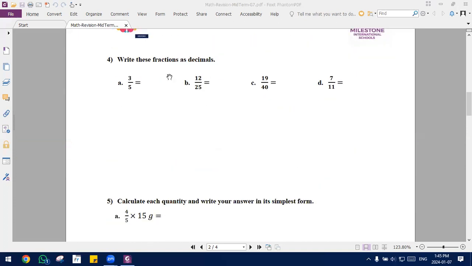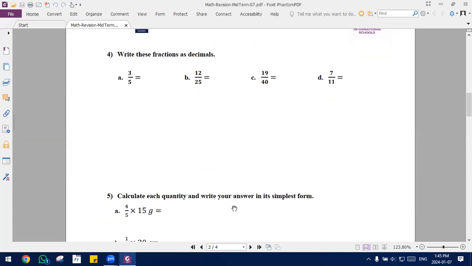Okay, next. Write these fractions as decimals. Okay, as we said before, the first value after the decimal point is over 10. If you have two values after the decimal point, it is over 100. So now to write a value as a decimal, I should try to make the denominator either equal to 10 or 100.